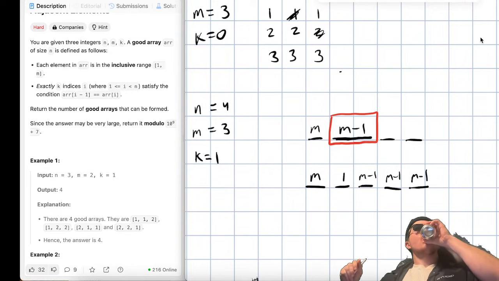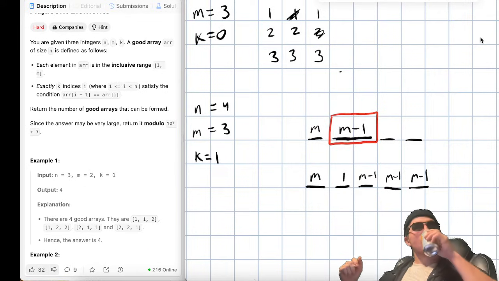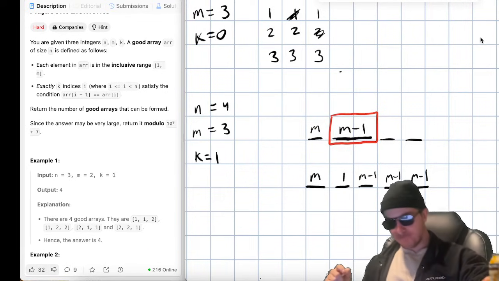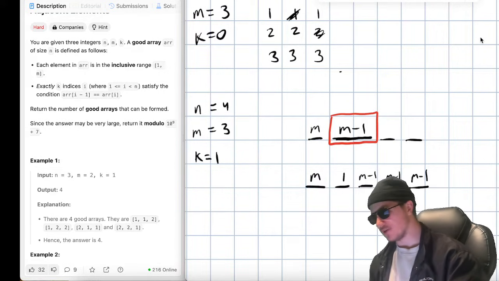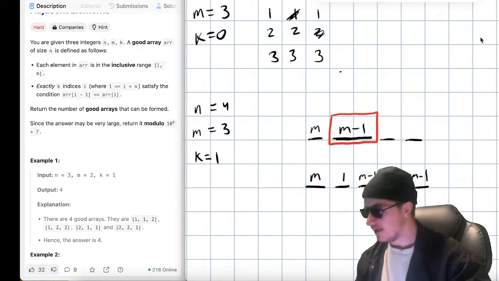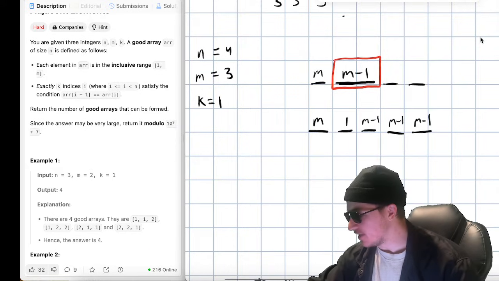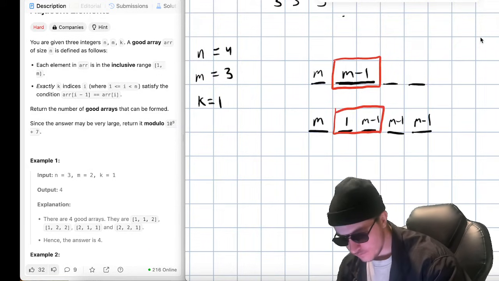So does this part make sense? I'm saying, if I wanted this to be the case for k equals 1.